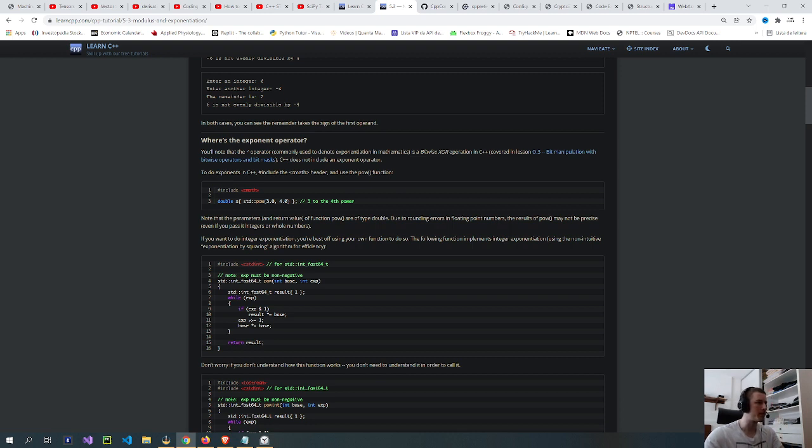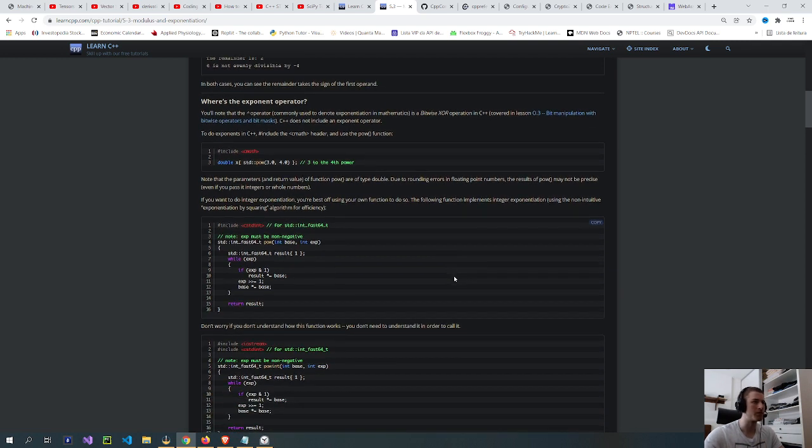Note that the parameters and return value of function pow are of type double. Due to rounding errors in floating point numbers, the result of pow may not be precise even if you pass it integers or whole numbers. If you want to do integer exponentiation, you're best off using your own function to do so.